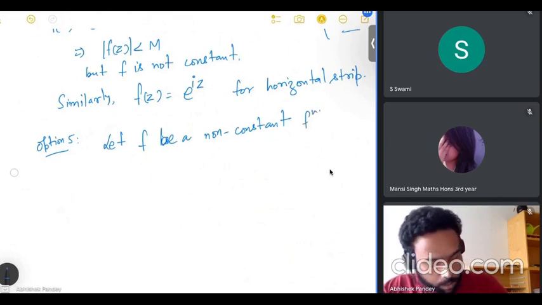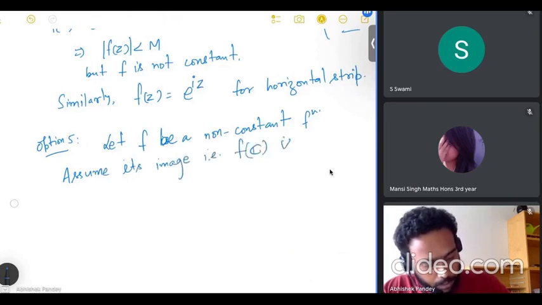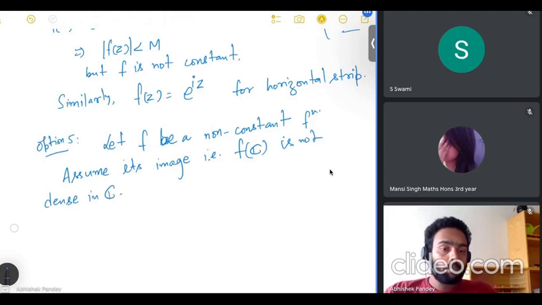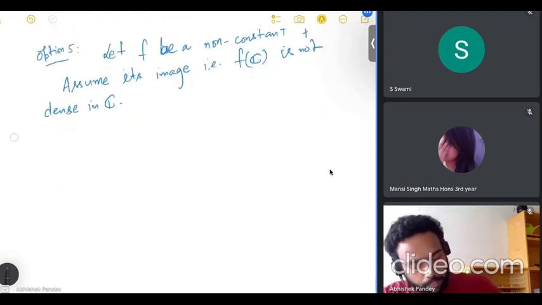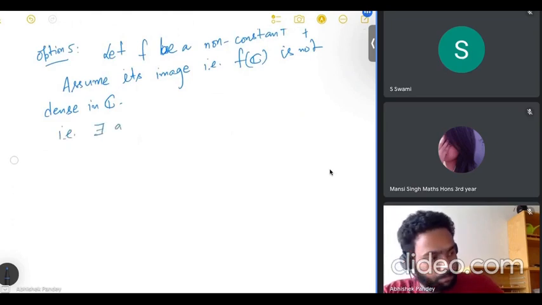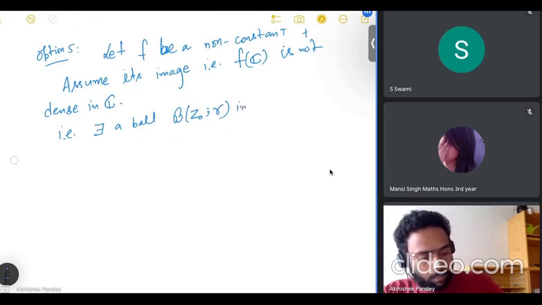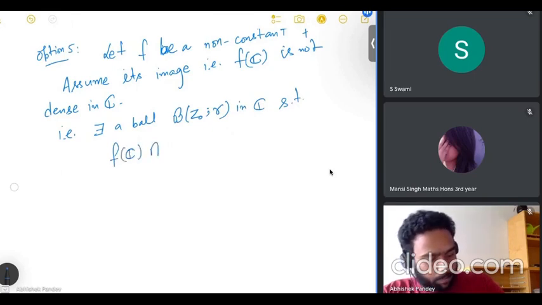Okay. So assume its image, that is f of C, is not dense in C. So there is a property of denseness which says that there exists a ball which does not intersect with f of C. So that is, there exists a ball with center at some z naught and radius some r in C, such that f of C intersection with this ball is equal to phi.